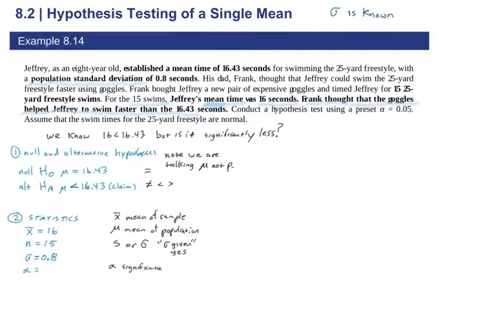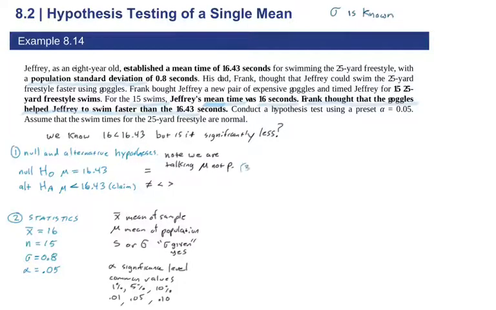It also gives us our significance level, alpha, which is 0.05. Some common values are 1%, 5%, or 10%, or in decimal form, 0.01, 0.05, and 0.10. If it does not give you a significance level, you're allowed to pick any of these, but typically we'll pick the middle value, 0.05.